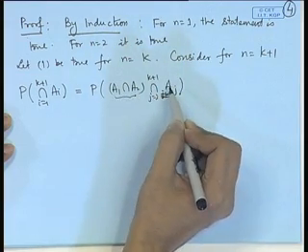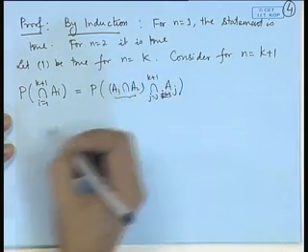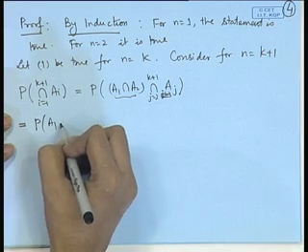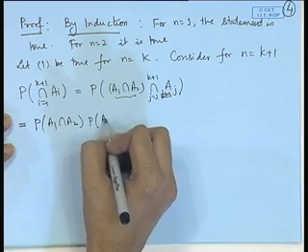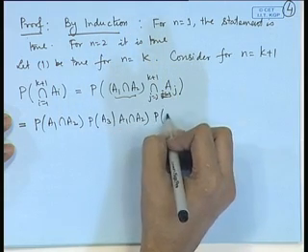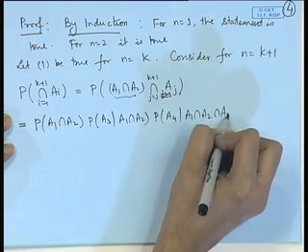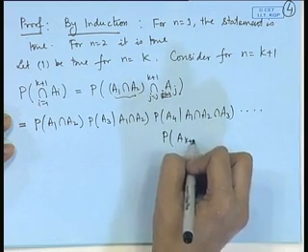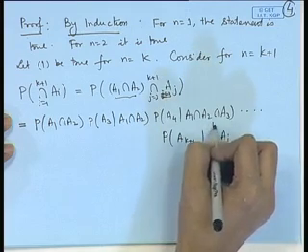So, this is total k sets, and we have made the assumption that the statement is true for k. Therefore, we can write it as probability of A1 intersection A2 into probability of A3 given A1 intersection A2 into probability of A4 given A1 intersection A2 intersection A3, and so on up to probability of Ak plus 1 given the intersection of Aj, j equal to 1 to k.